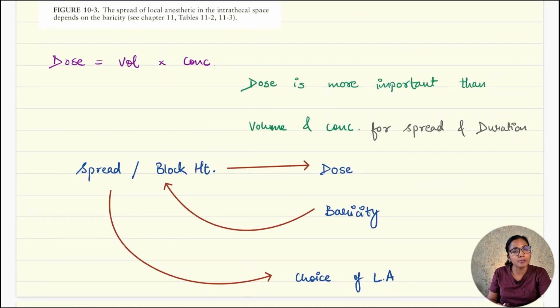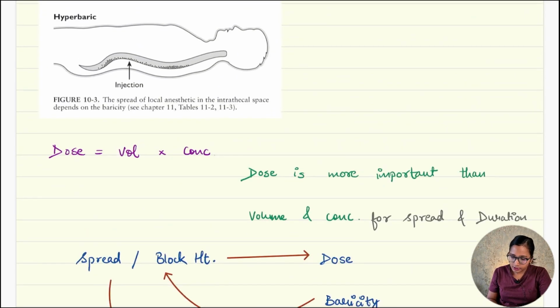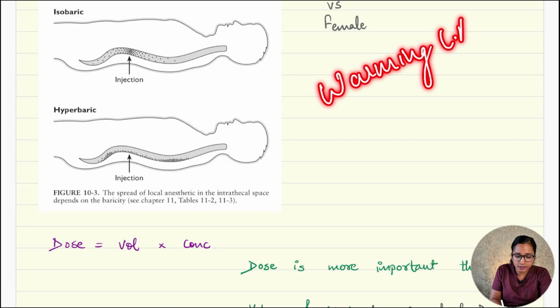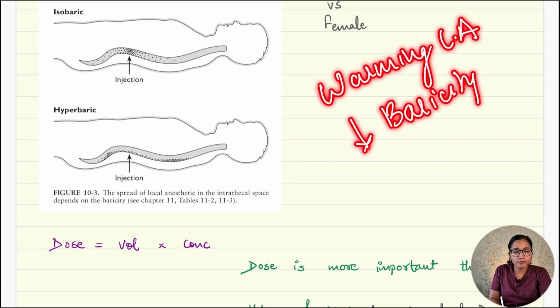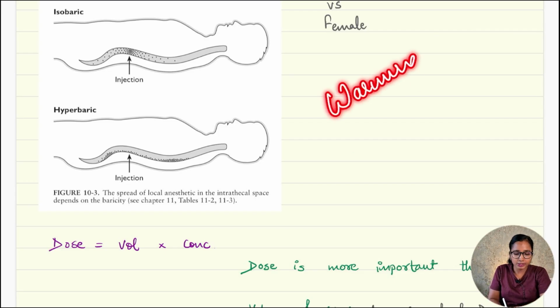So this was about drug. A few things I would like to add here: warming a local anesthetic decreases baricity. You must have seen some of the technicians doing this to the ampule. Warming a local anesthetic leads to a decrease in baricity.